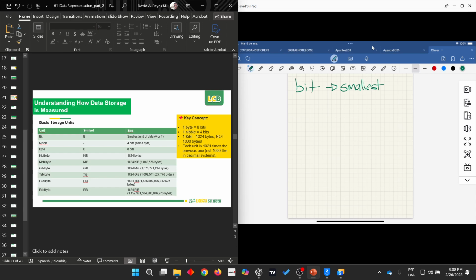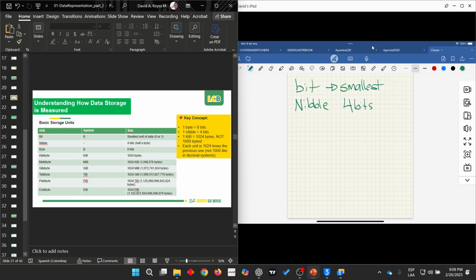Then we have something that is called a nibble. That means that we are using 4 bits.